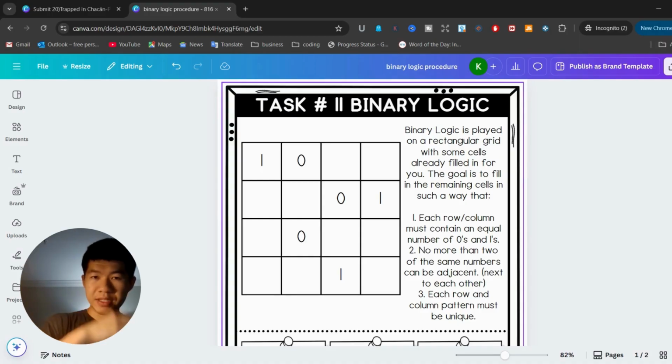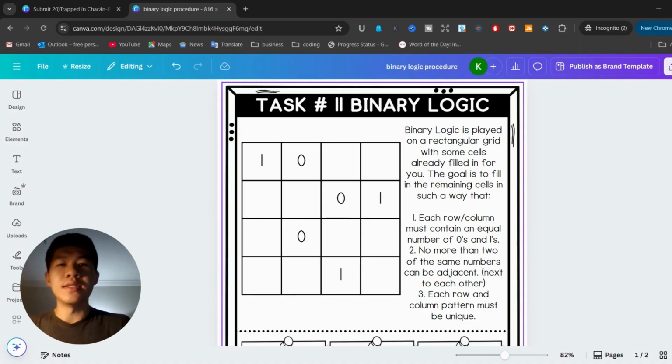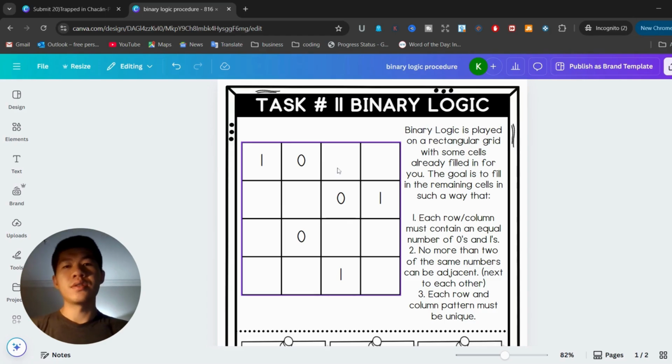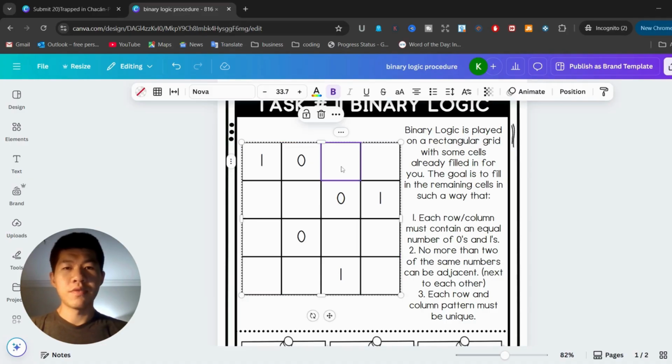So let's go ahead and try to fill out this grid here. These are the numbers that are given to us beforehand. Right now, it's kind of hard to determine whether this cell should be a 1 or 0.